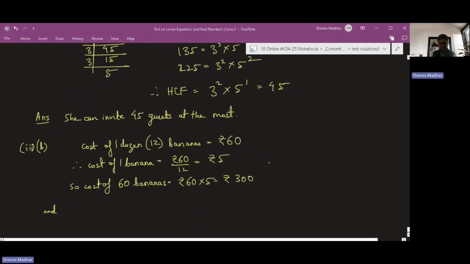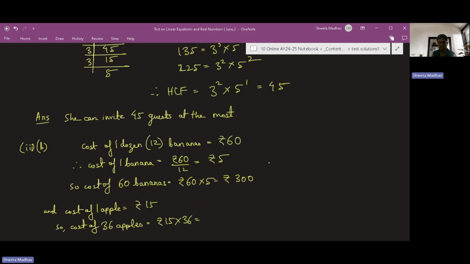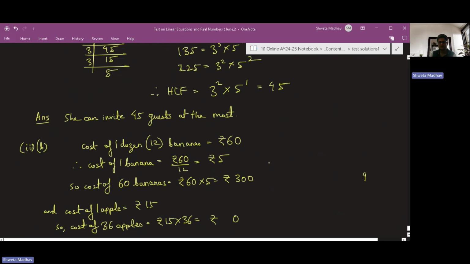And then the cost of one apple is rupees 15. So the cost of 36 apples is rupees 15 into 36. So that will be 15 6s are 90, and then 15 3s are 45, 45 plus 9, that is 54.